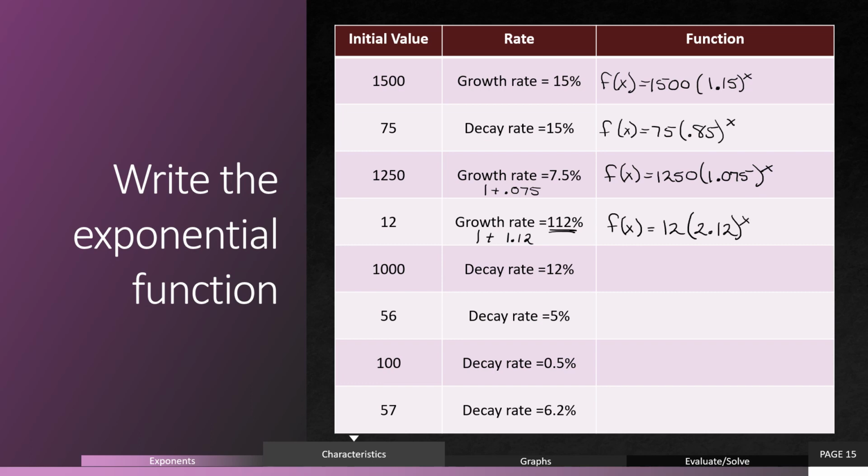This decay, so we're going to subtract out 1, whoops, forgot the equal sign, 1000, and that is 0.82 to the x. Decay rate of 5%, so I have f of x, 56.95 to the x.